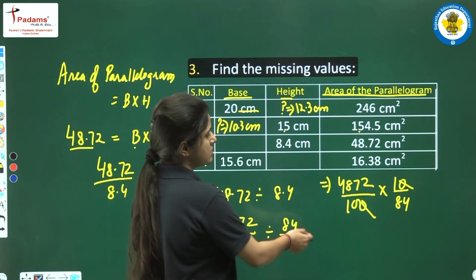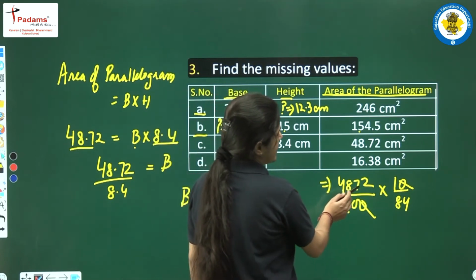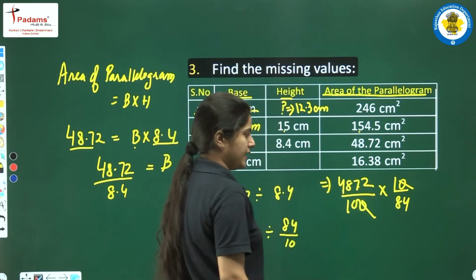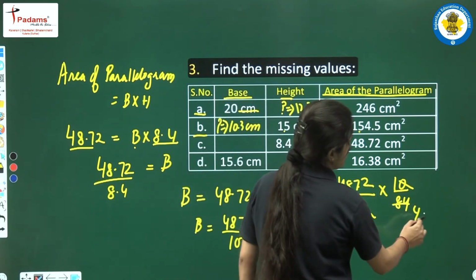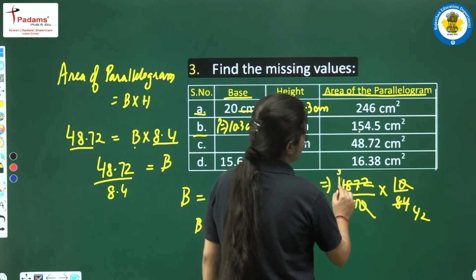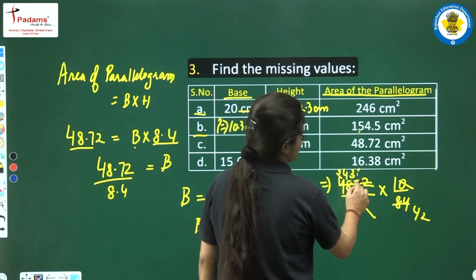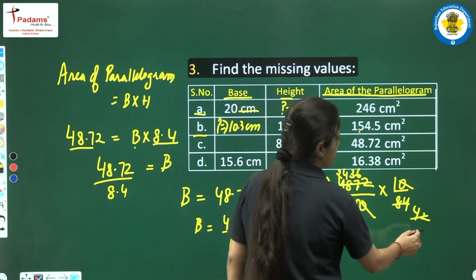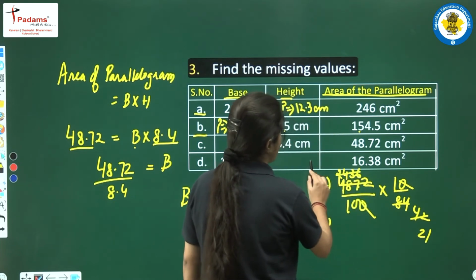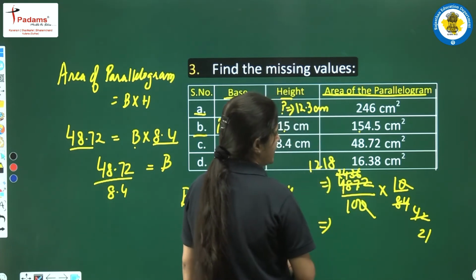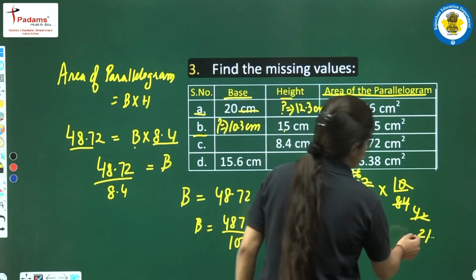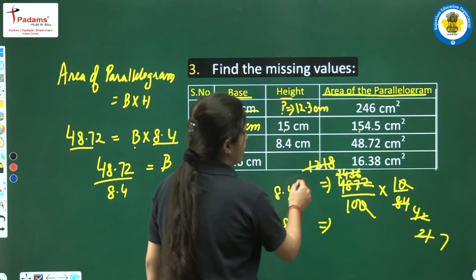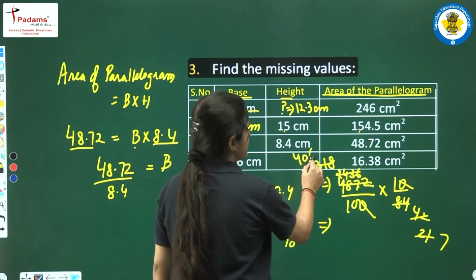Now have a look students, this is 4872 divided by 84, right? On the table of 2 students, it will be 42, right? On the table of 2, it will be 2436. Again on the table of 2, it is 21, and this is 1218, right? Now students, have a look, on the table of 3, it is 7, and on the table of 3, it is 406.